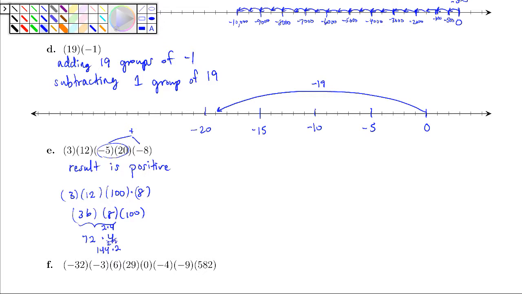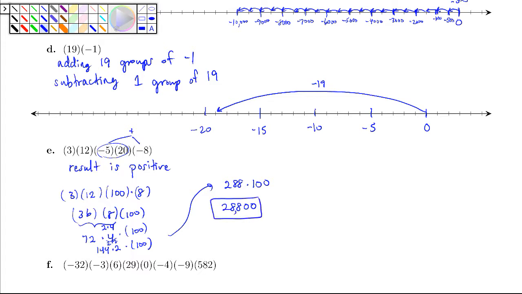And I should keep track of that 100 that's supposed to be multiplied by there. This is then 288 times 100, which is 288 with 2 more zeros. Put a comma there, and there is our answer.